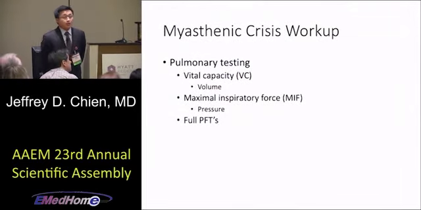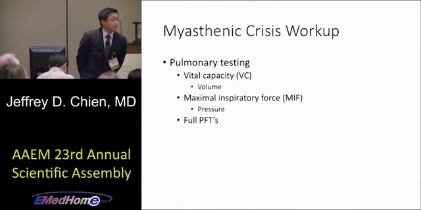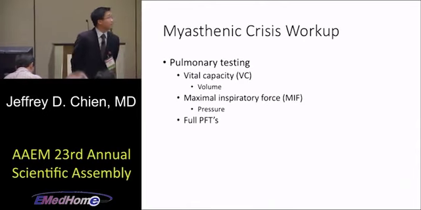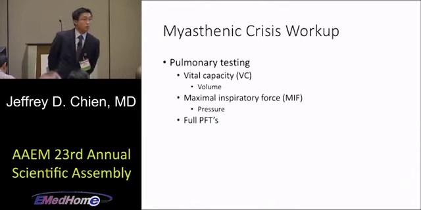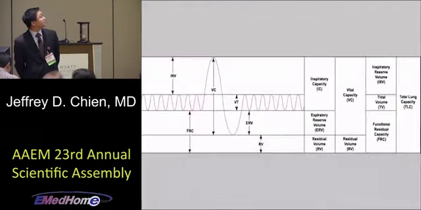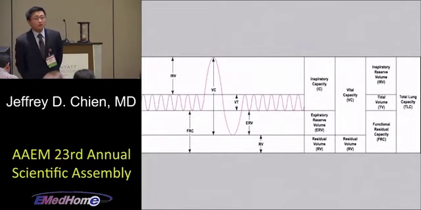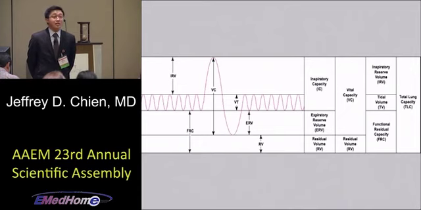Pulmonary testing is the linchpin for what we care most about, which is whether the patient will protect their airway and whether they will breathe. Vital capacity reflects the volume of air coming in and out. The maximum inspiratory force, or the negative inspiratory force, tells you how much pressure the pleura is using to pull air in. As a reminder, vital capacity is everything on a full breath that is not dead space.